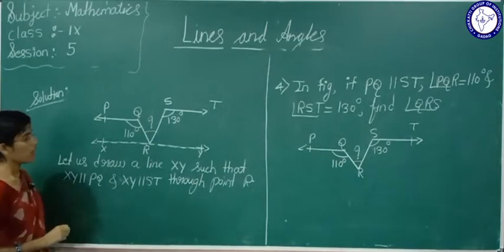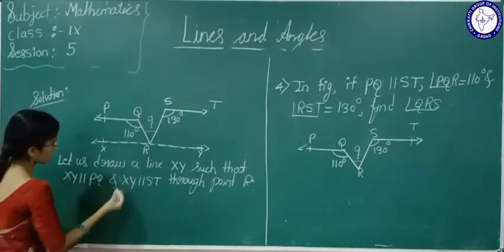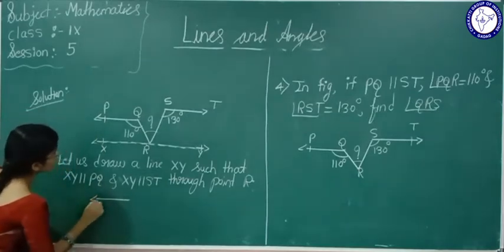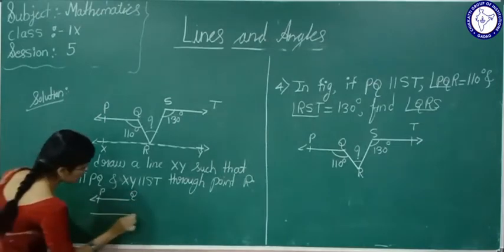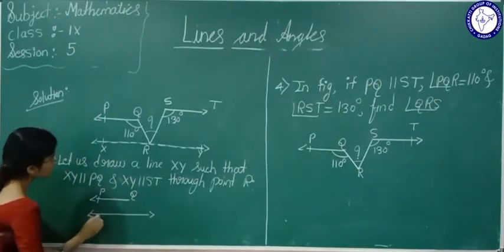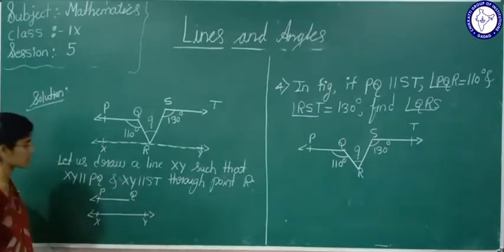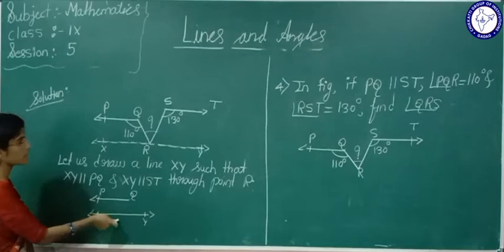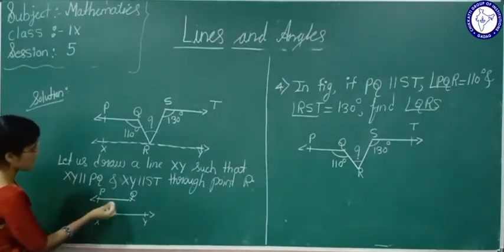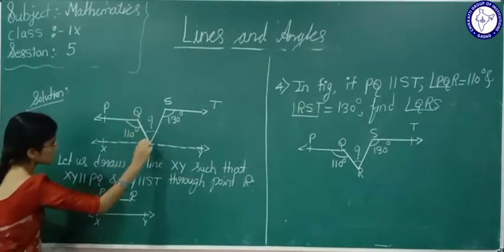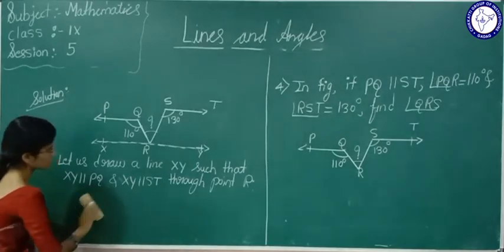Now see here, PQ is parallel to this line XY. If these two lines are parallel, QR is acting as a transversal.